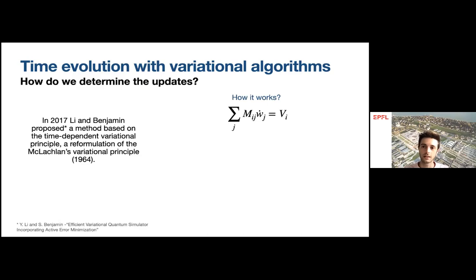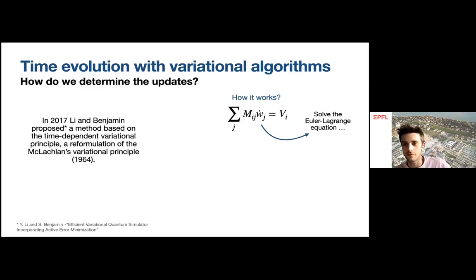They basically solve this equation, which is the Euler-Lagrange equation of motion, which is a linear system. And the solution of this equation is a vector of derivatives of the parameters. So yeah, we know how to update the parameters.